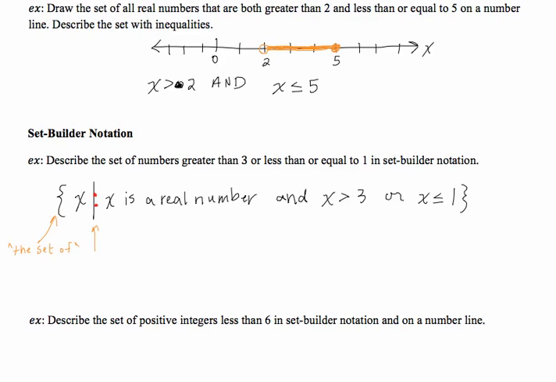So if it's a vertical bar or a colon, that works. That's read such that, it's just a separator or shorthand notation really, such that. And then you describe the set. Now you can describe the set over here in words, you can list it out, you can use an inequality. It doesn't matter how you describe it, but all of this part is just a description of the set.